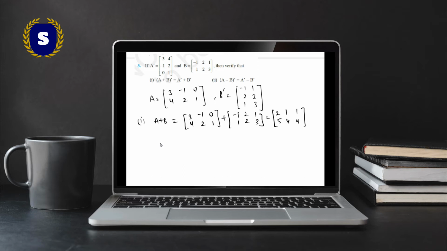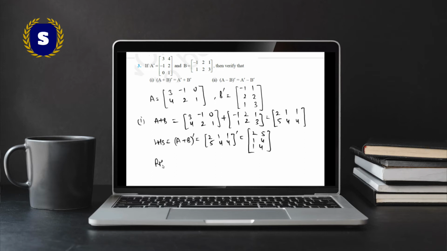Okay, so let's calculate the LHS first, which is equal to the transpose of this A plus B matrix, the transpose of the matrix we have calculated just now, 2, 5, 1, 4, 1, 4.